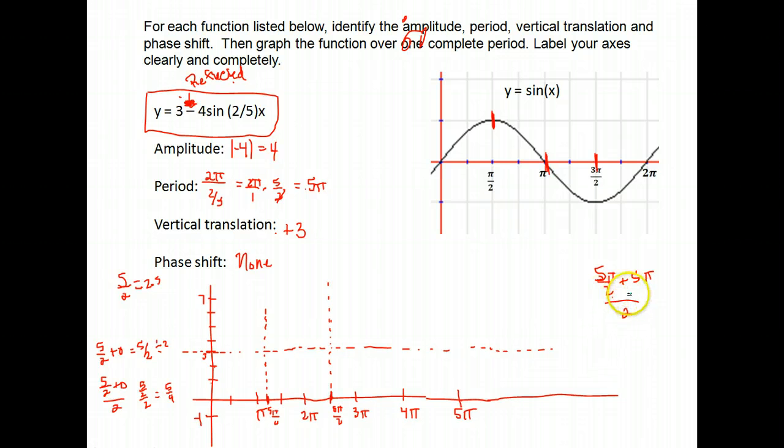Well, when we do that, 5 pi over 2 plus 5 pi is 15 pi over 2. If you divide that by 2, you get 15 pi over 4. So 15/4 pi. Well, where would that be? 15/4 is 3 3/4 pi.